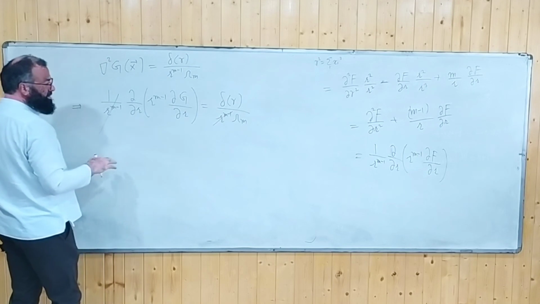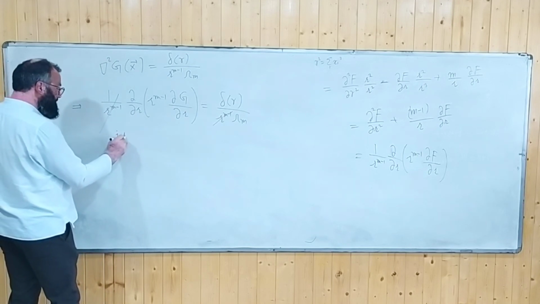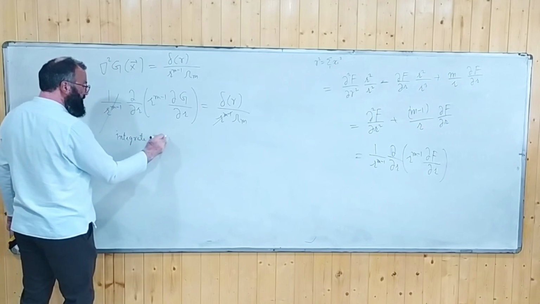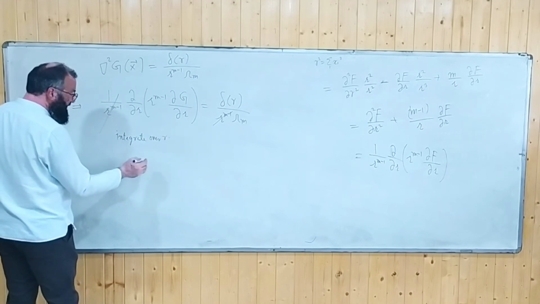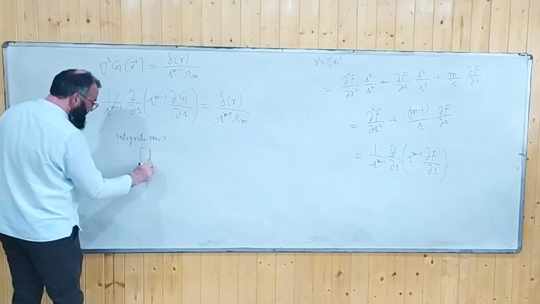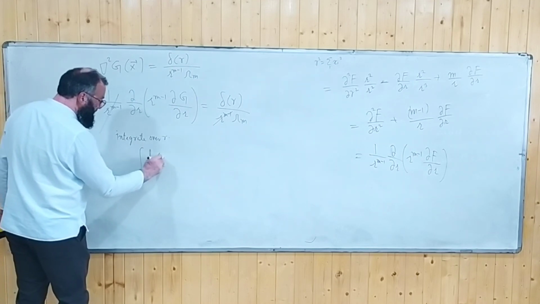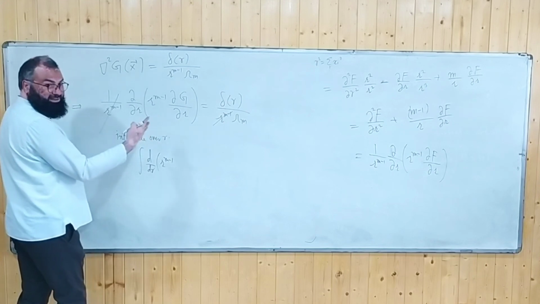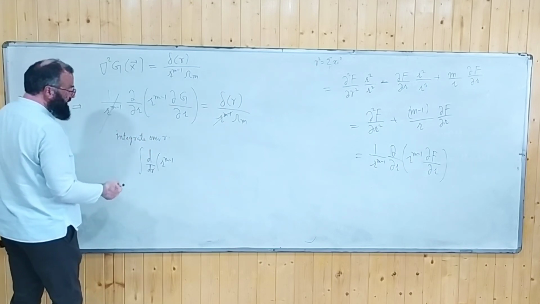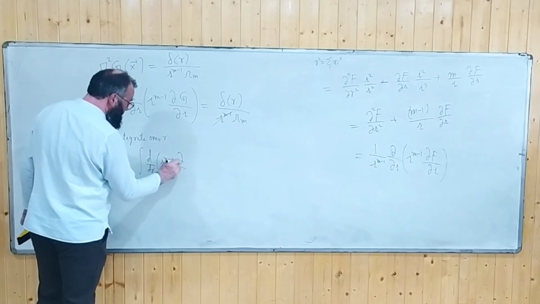Now you can integrate over r. First integration: the partials will be simply total derivatives, because there is no other dependence in this g.